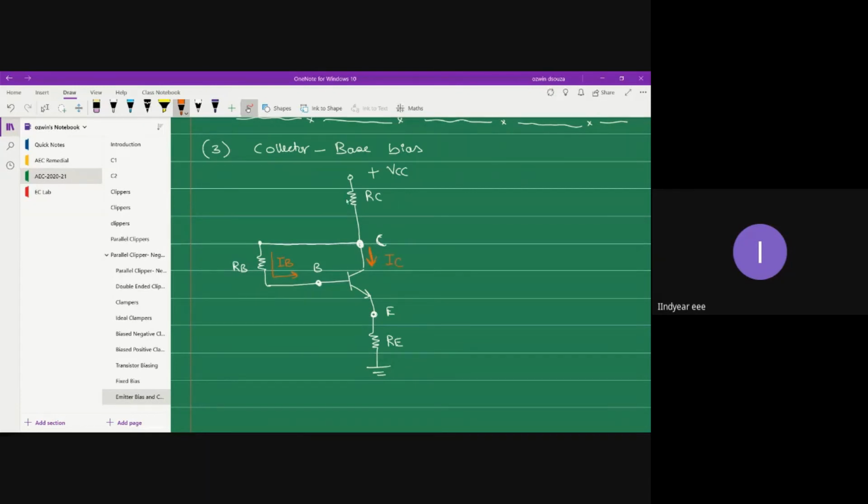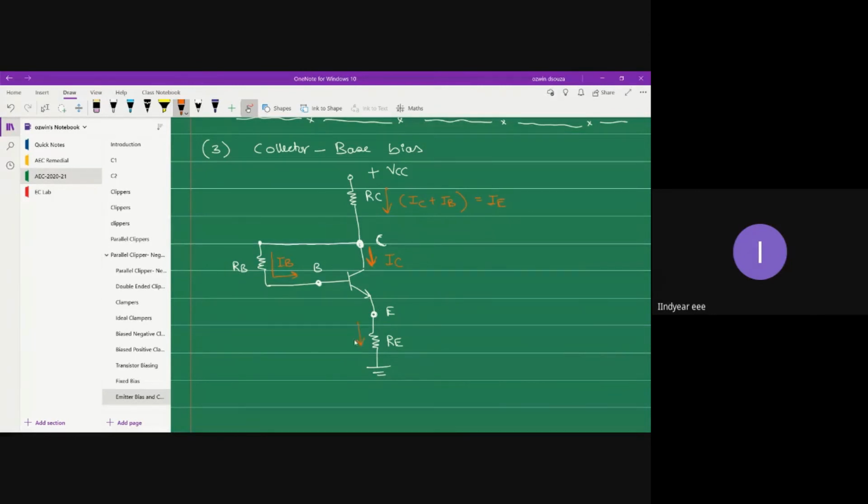So what is the current that flows through RC? Into the base terminal, base current flows. Into the collector terminal, collector current flows. So the current through RC is IB plus IC, which is nothing but IE, the emitter current.